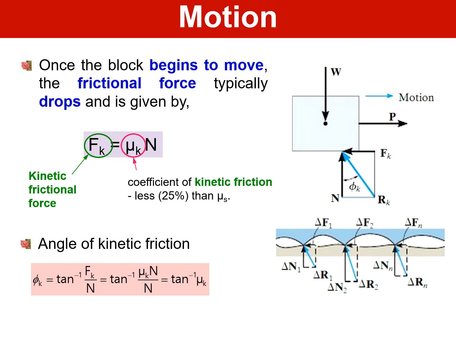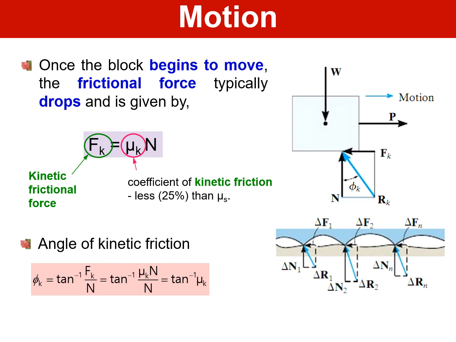If the block or box or the body begins to move, then it is in motion. Then you use the kinetic frictional force of a moving body, with the coefficient of kinetic friction. Fk equals mu k times the normal force. The angle of kinetic friction is phi k equals arctangent of mu k.